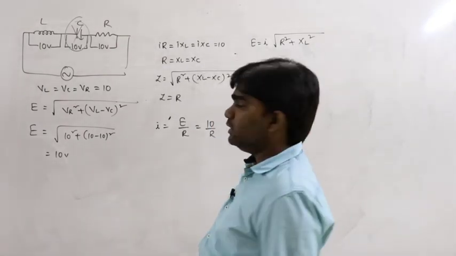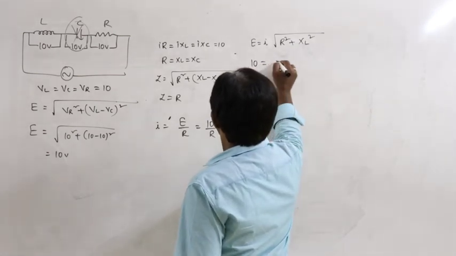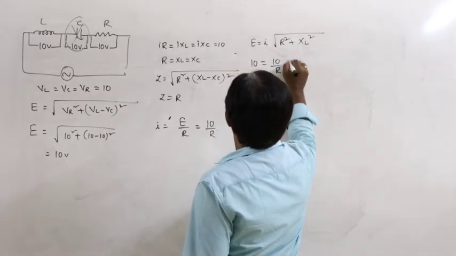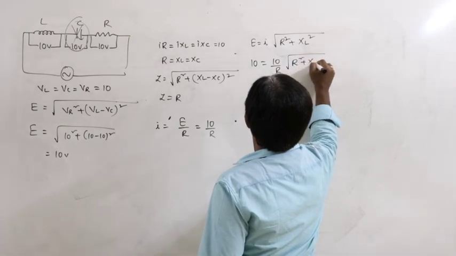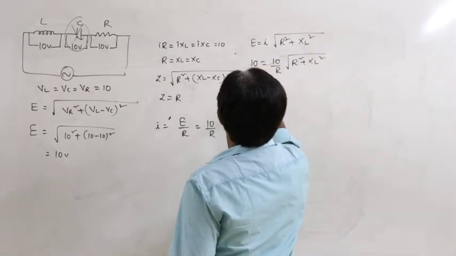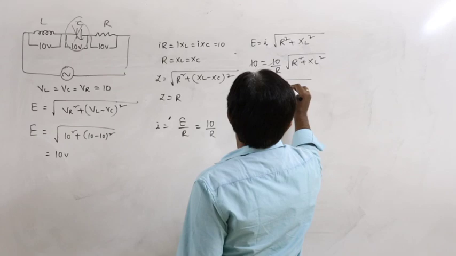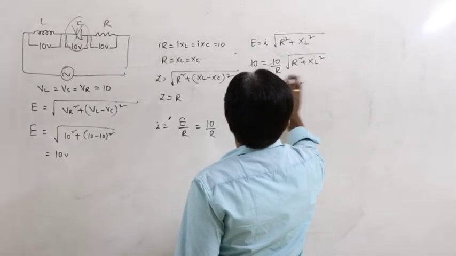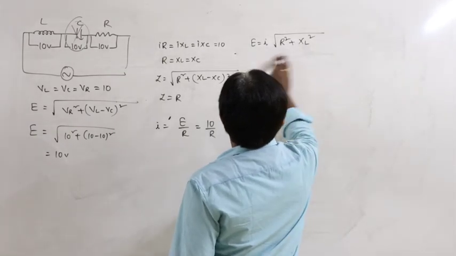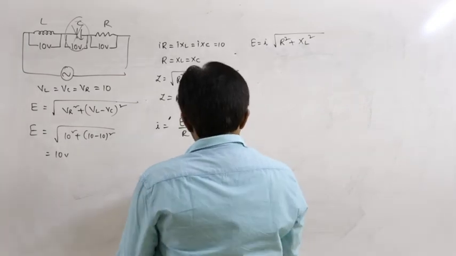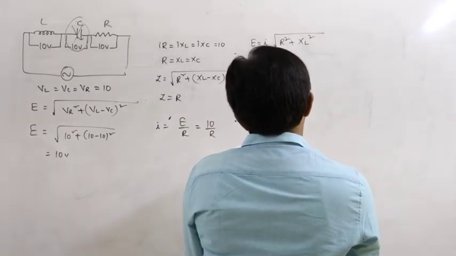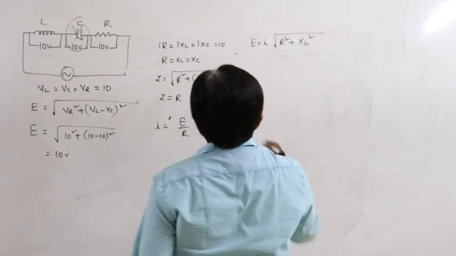I equals 10 by R, and square root of R square plus XL square. So E equals square root of only R square plus XL square.